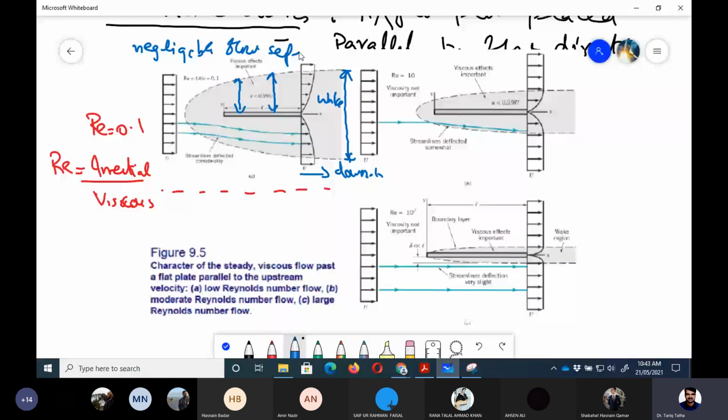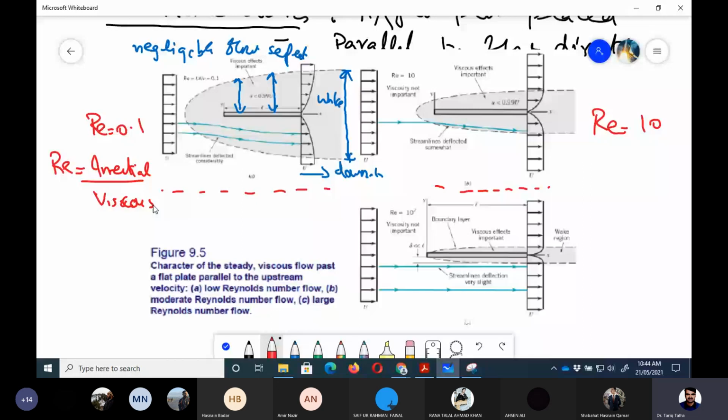Right. Now, this figure, which is figure B, here the Reynolds number is about 10. So it means that now the viscous effects are 10 times less than the inertial effects. Inertial effects mean the forces due to inertia, which produce some kind of acceleration.